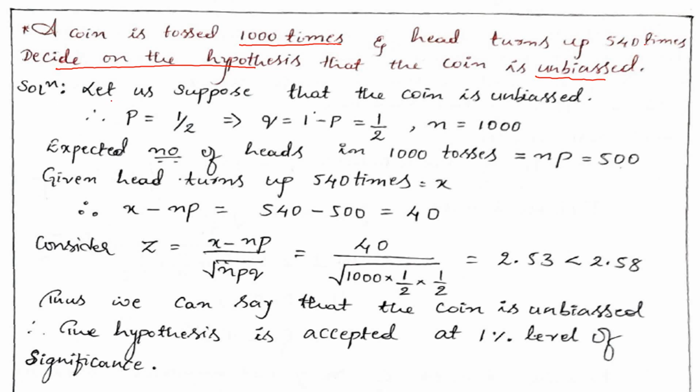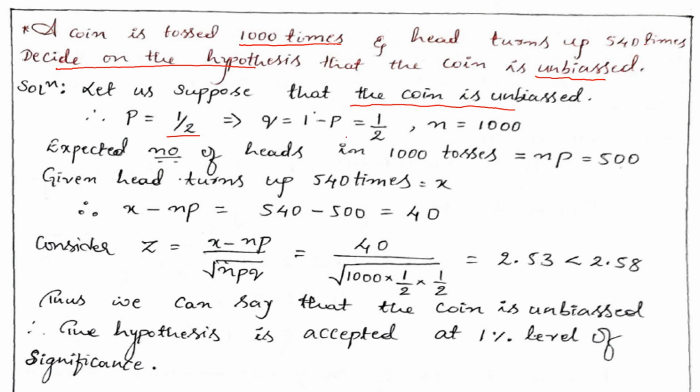Now let us suppose that the coin is unbiased. Then, as you know, while tossing a coin, the probability of success is 1 by 2, so P equal to 1 by 2. When we know P, we can find Q automatically using the formula P plus Q equal to 1.